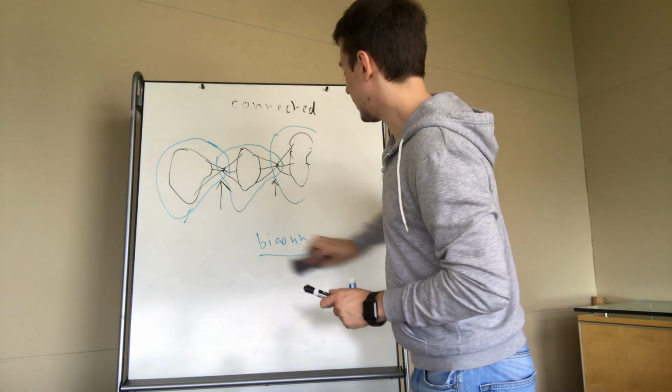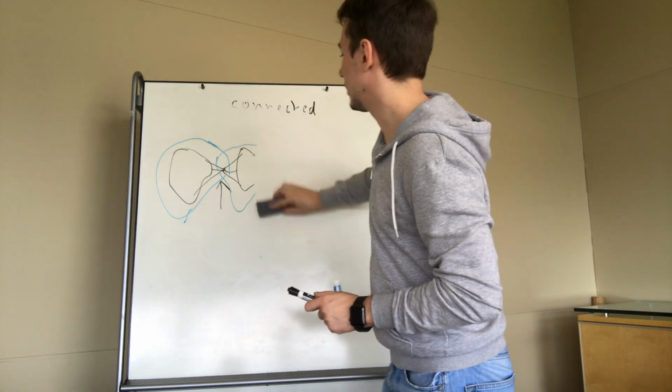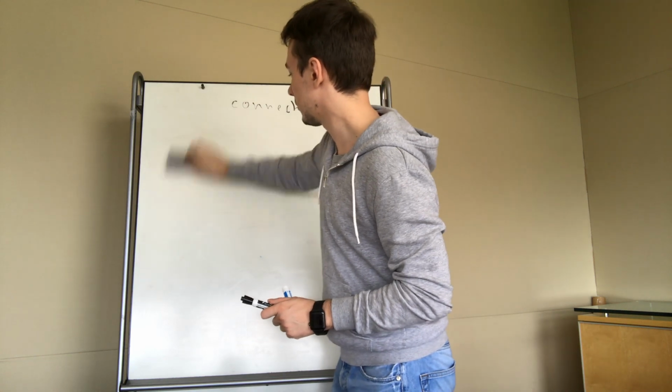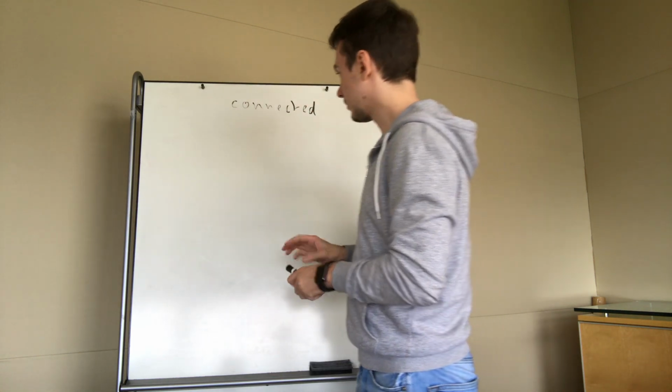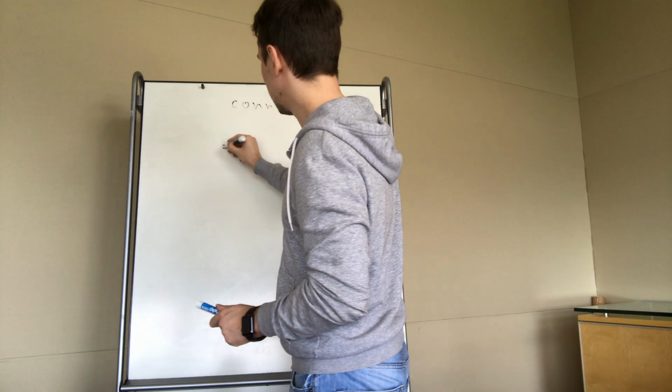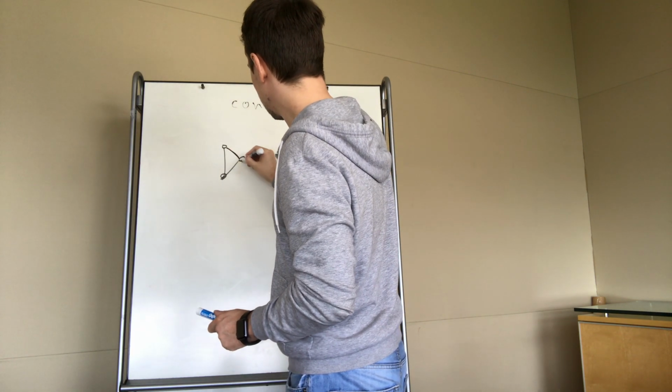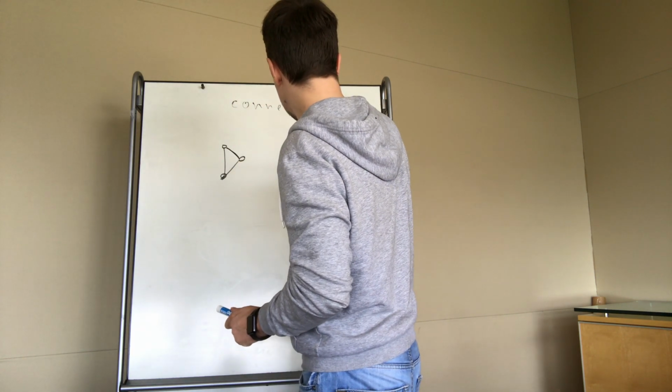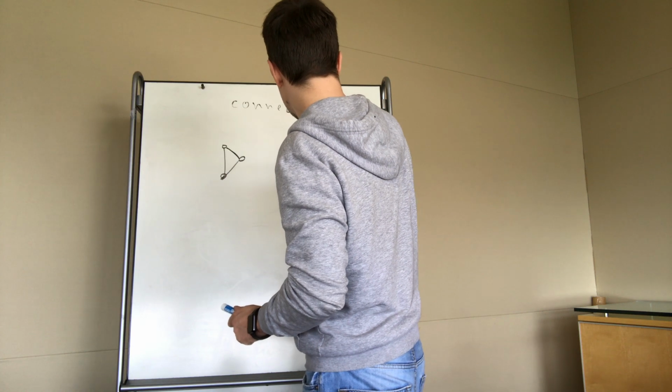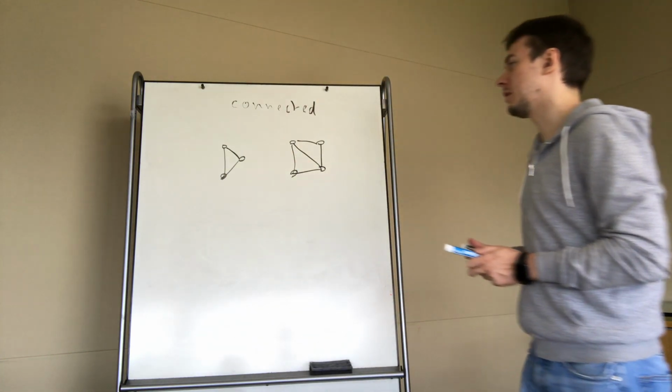Okay, let's say we have a non-connected graph. This is an example of a non-connected graph.